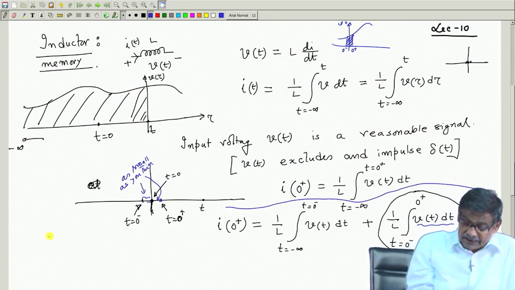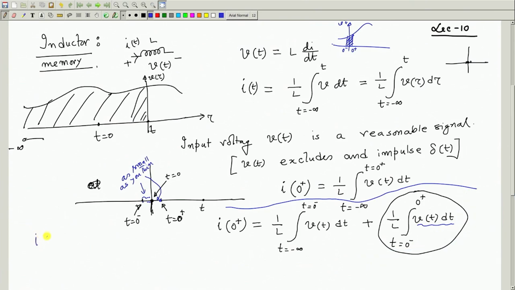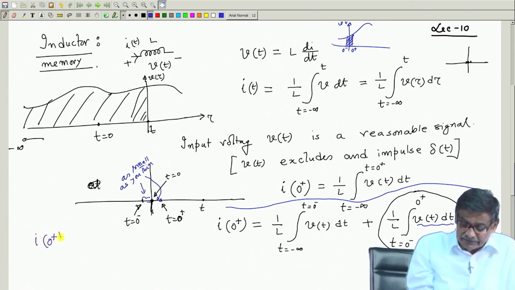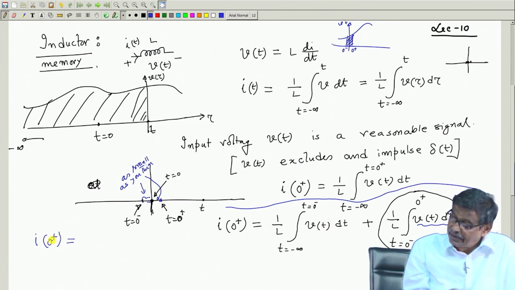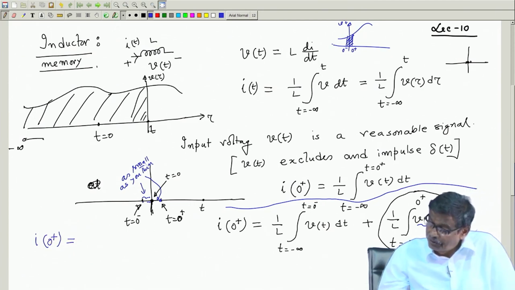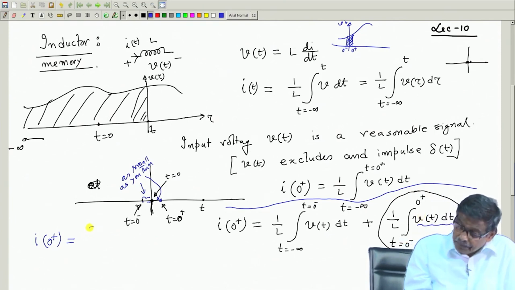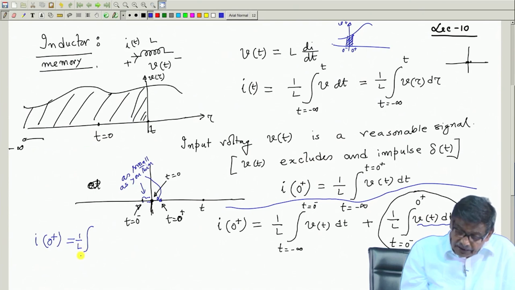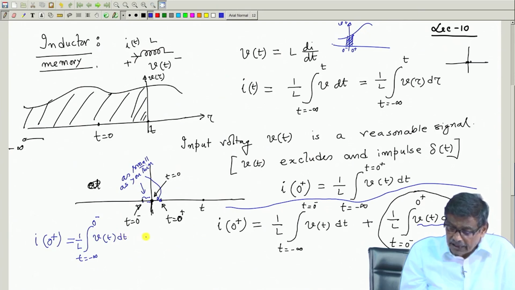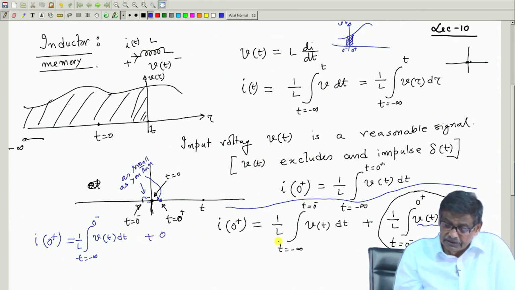If that be the case, then let us see what I 0 plus is. I 0 plus will then be equal to, this whole integral being 0, 1 by L integral from t equal to minus infinity to 0 minus of v t dt, plus 0, this term is 0.